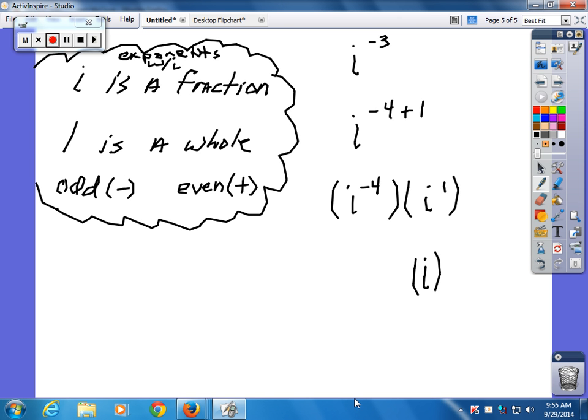Yeah. All right. So that'd be i to the fourth times what? i to the negative 1. And then this comes out to be 1 times i to the negative 1, and i.